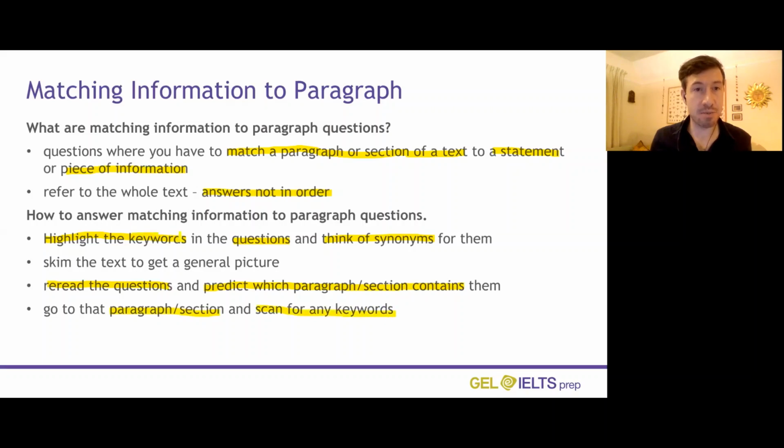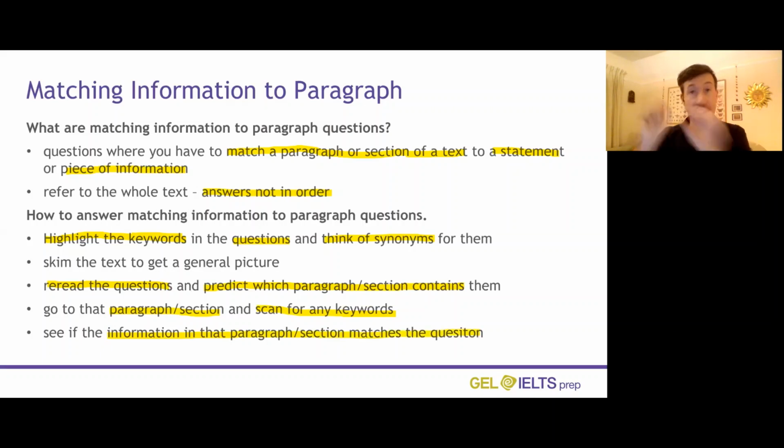So the keywords that we've highlighted here, you then look around that for the keywords, and then you see if the information in that paragraph section matches the question. So you'll find some keywords and then you check it with the question to see if it matches. So that's how we'd approach that.